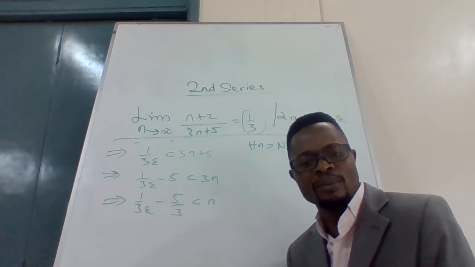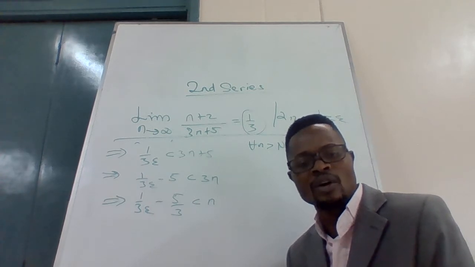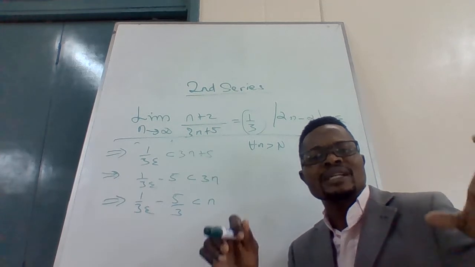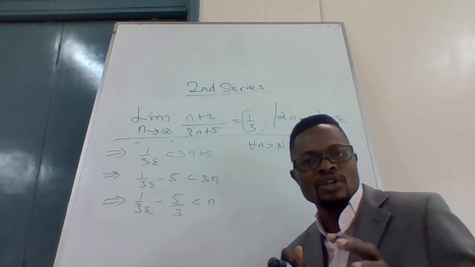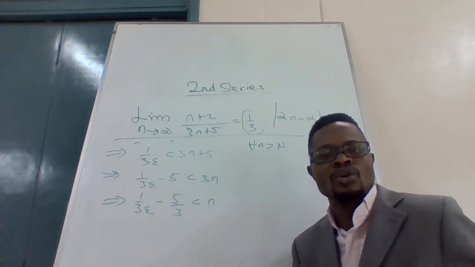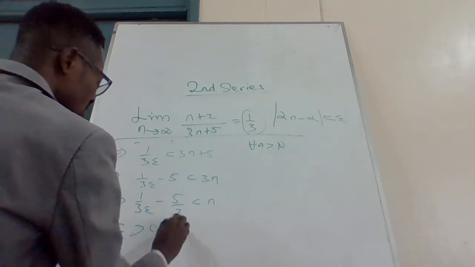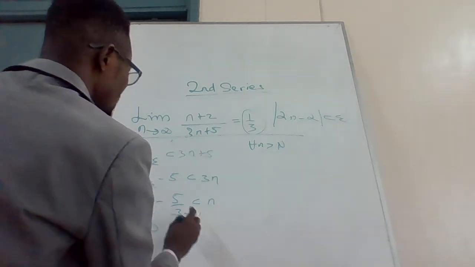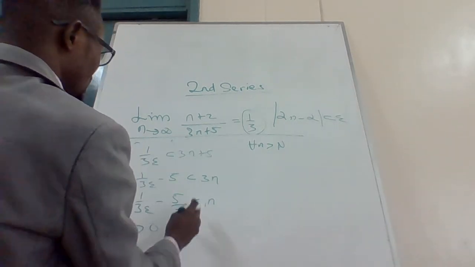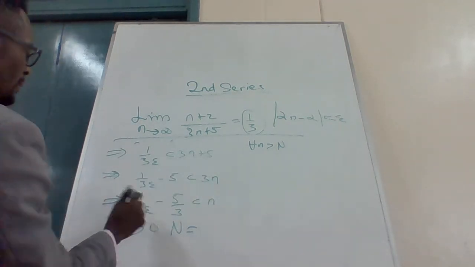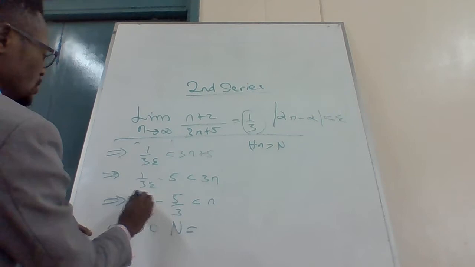But you remember from our definition of convergence, epsilon must be greater than 0. So if epsilon is greater than 0, we know that n, which is what we have here, but right now, if you put this, it will become 9, because you distribute this.